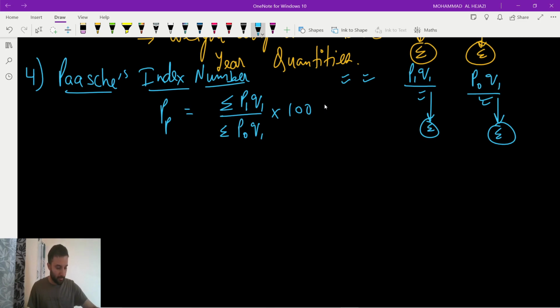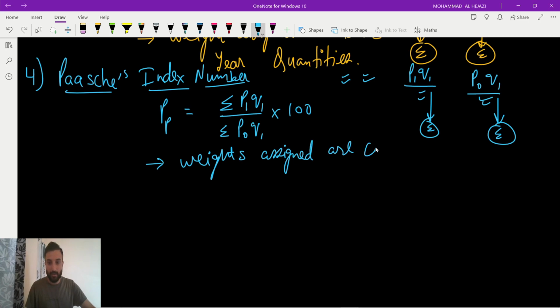Here we will write weights assigned are current year quantities.